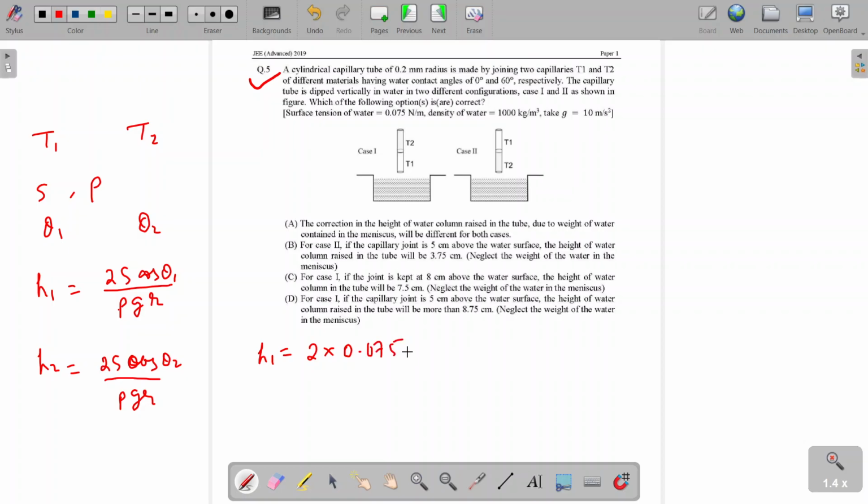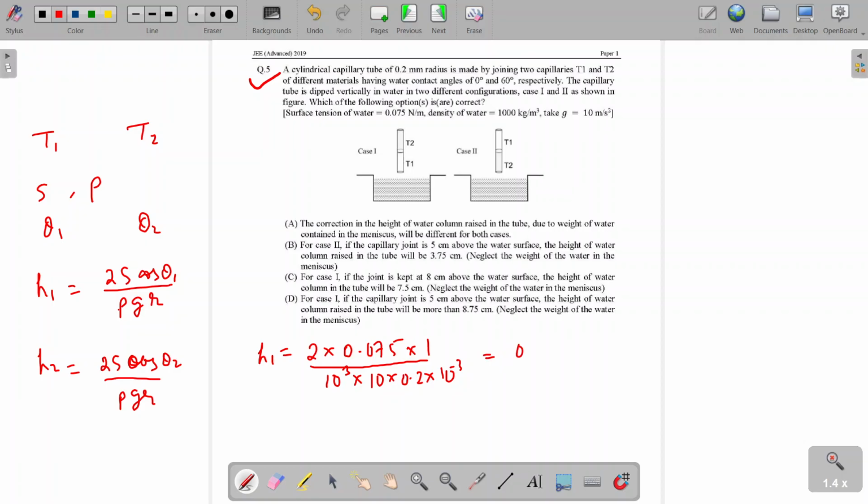will be, just putting in the values, cos 0 is 1, divided by the density 10 to the power 3, g that is 10, and radius that is some 0.2 into 10 to the power minus 3.